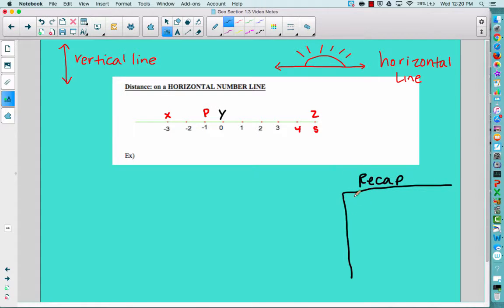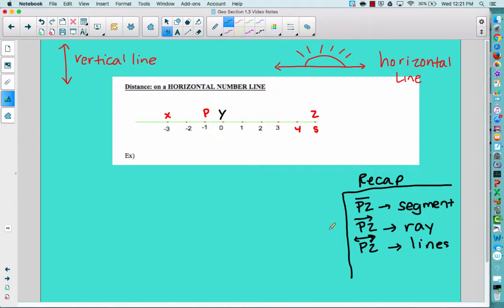If I'm going to ask you for segment PZ, I'm going to just say PZ with the segment symbol. I'm only going to name segments like that. That's a segment. If I was looking for ray PZ with the endpoint being P, I would put the ray symbol above it, and that means ray. Okay? If I was talking about line PZ, which means it goes on forever, I'd have to have that line symbol with the arrows on both ends.